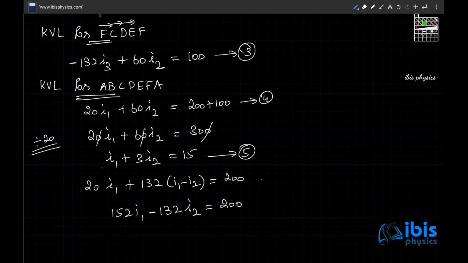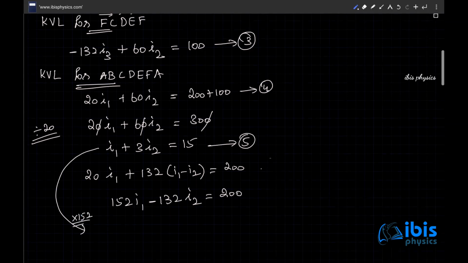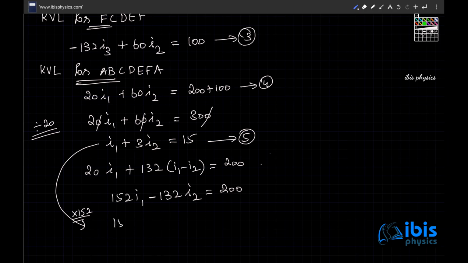And here if you want, you can multiply the fifth equation by 152. It is 152 I1 plus 152 into 3, that is 456 I2, equal to 15 into 152.